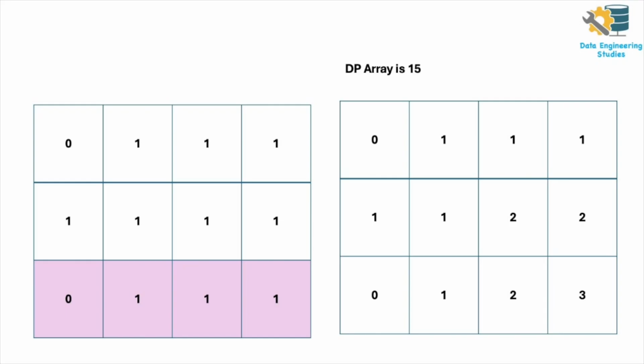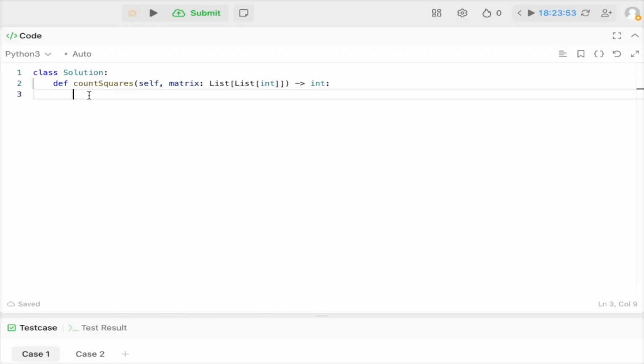Now let's get into the implementation. First we will start with the edge case. If our matrix has no rows, we can immediately return 0. If not matrix or not matrix of 0, we can return 0.